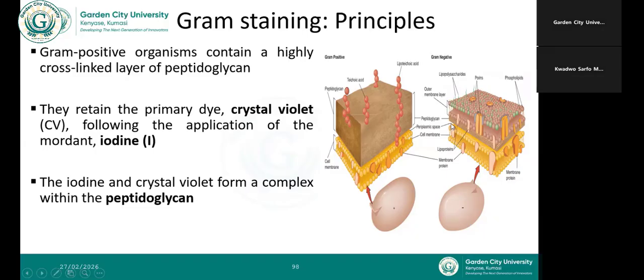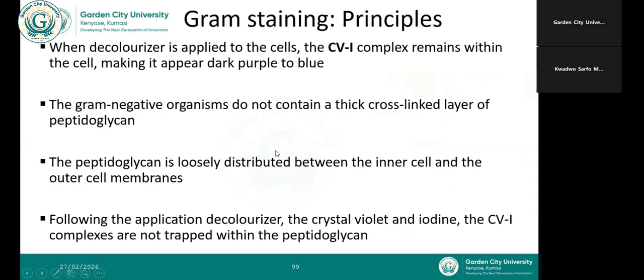Because this has become colorless, you then apply a counter stain, which is safranin or carbol fuchsin. And this will make the thin peptidoglycan layers take the counter stain and become pink.